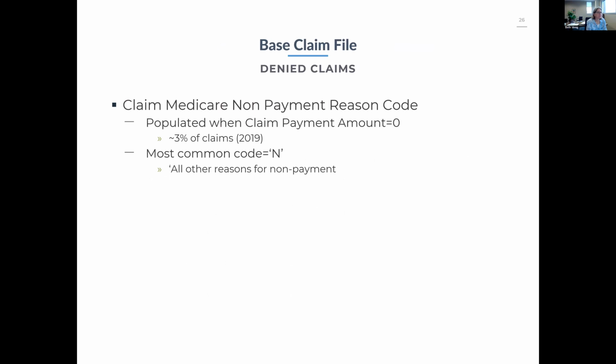Denied claims, and this was a question that came up, which is what happens if a claim isn't paid? There'll be a claim payment amount of 0, not paid, and about 3% were completely denied. And the most common denial code is N, which is not paid, or all other reasons for non-payment.